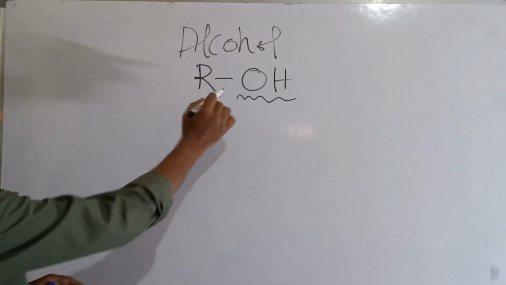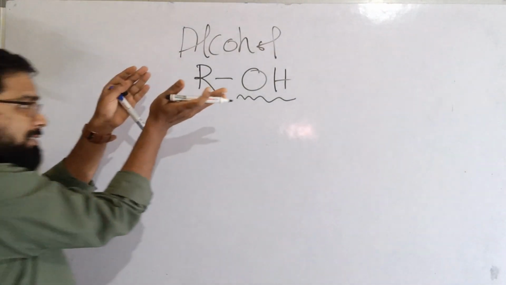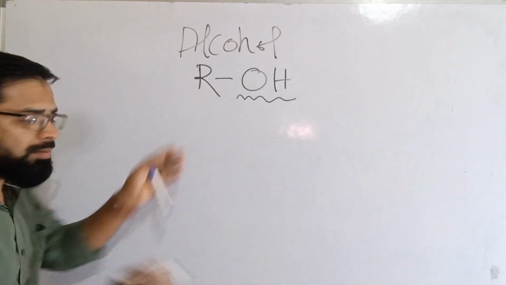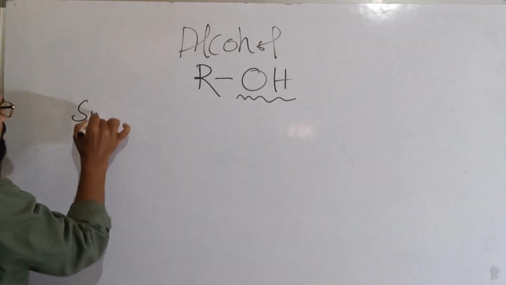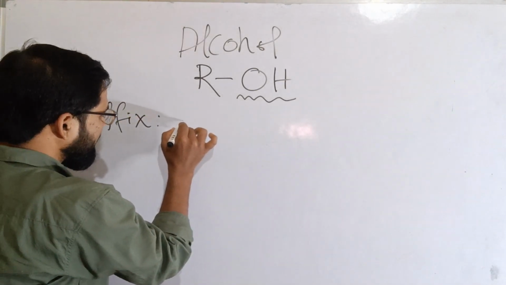So in case of alcohol, when that functional group is the main functional group, it means suffix. So the suffix name will be OL.